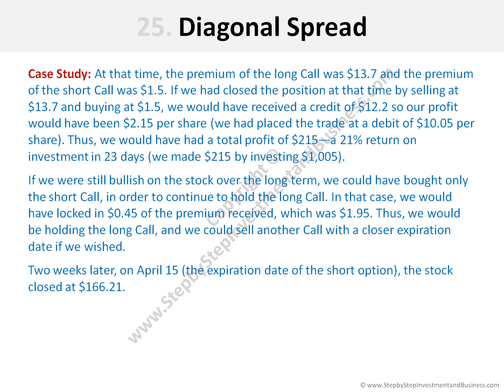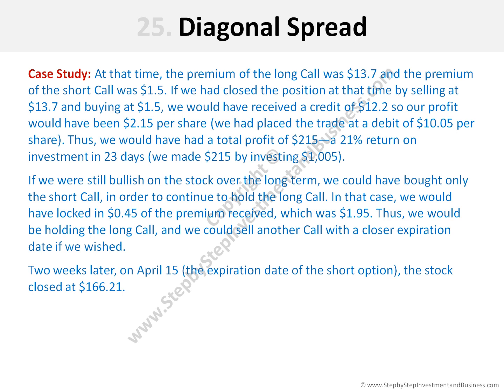So our profit would have been $2.15 per share, because we had placed the trade at a debit of $10.05 per share. Thus, we would have had a total profit of $215, making a 21% return on investment in 23 days. That is, we made $215 by investing $1,005.